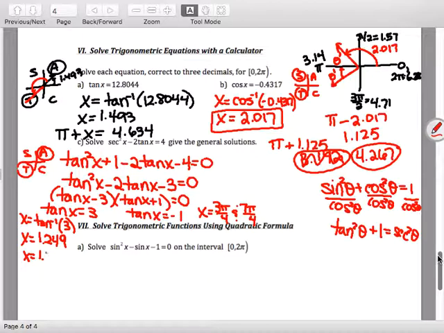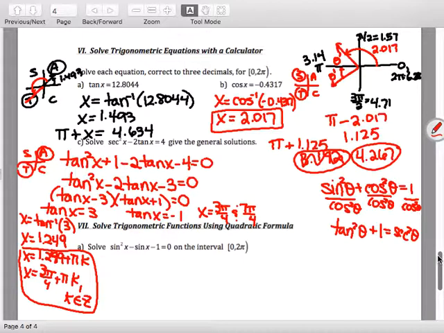So this will be 1.249 plus pi k, rounded to 2 decimals since it says so up above, and then the other one would be 3 pi over 4 plus pi k, where k is an integer. And that covers all of them. Okay?